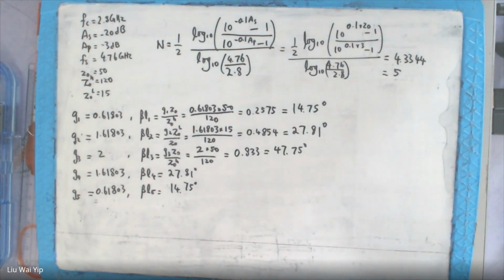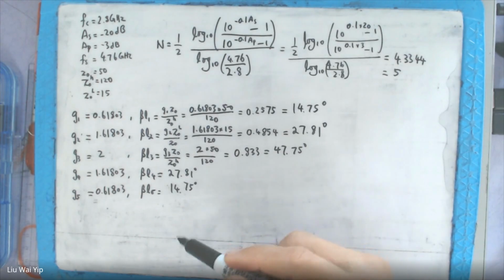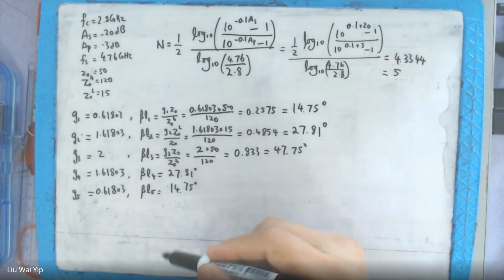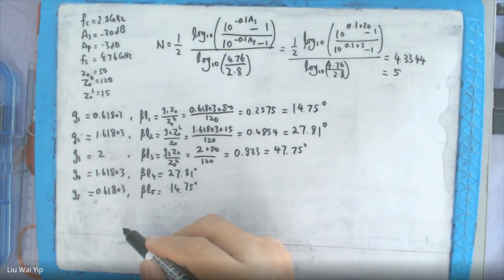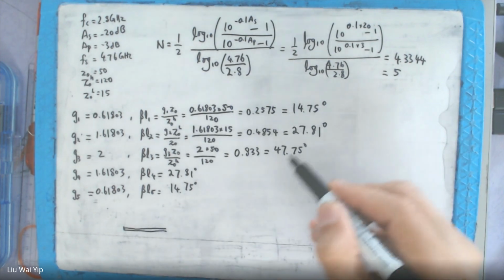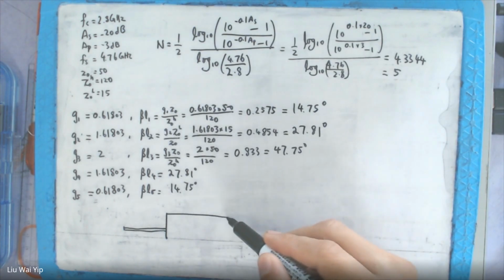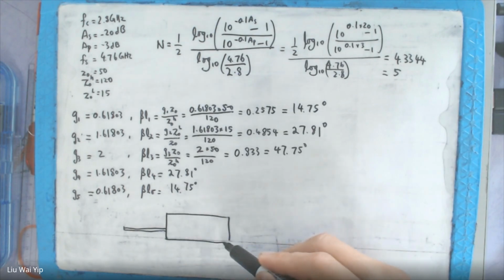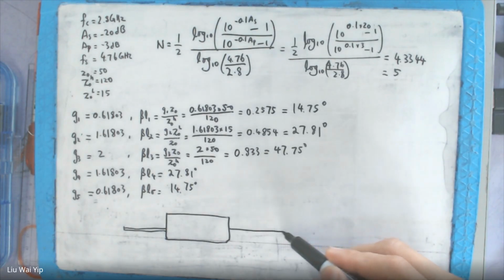Then it's basically done. What you need is to draw the diagram. So the first section will be 14, the second section will be 27, and the fourth section will be a long one.